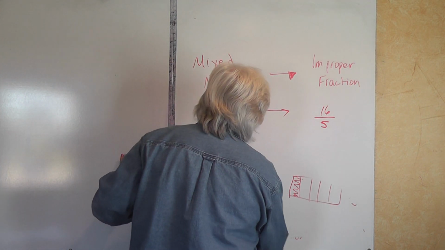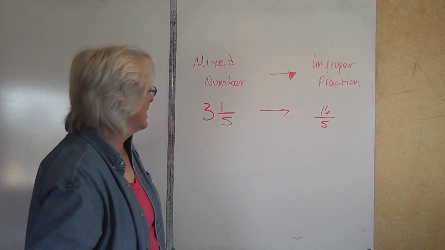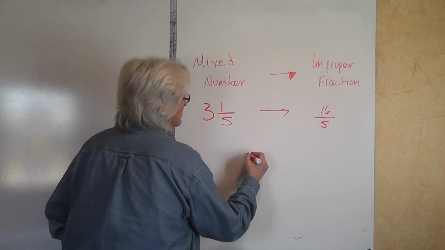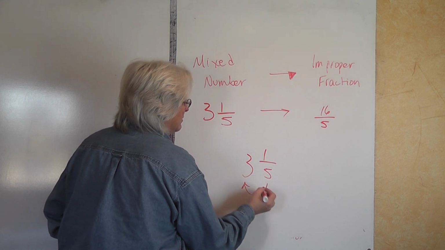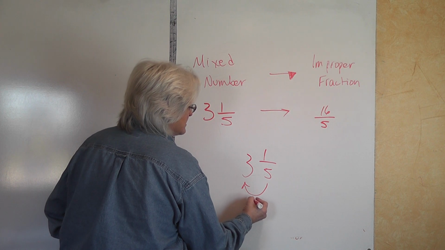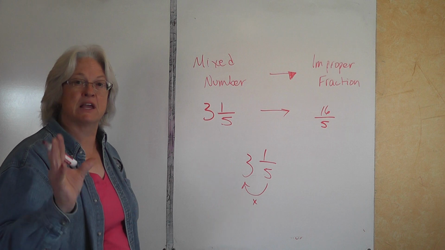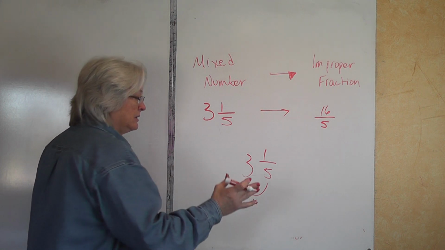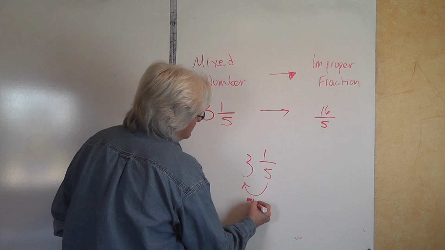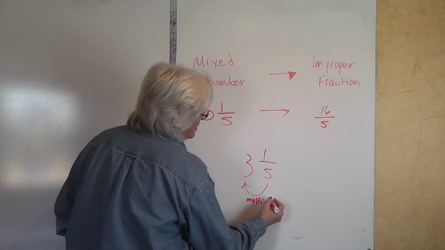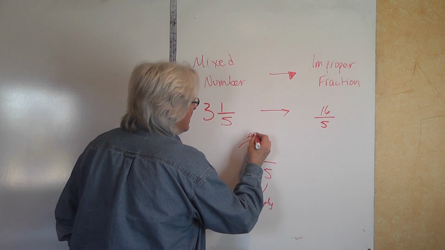Easy way to remember how to convert from a mixed number to a fraction is to just draw yourself a picture. 3 1/5. We do an arrow here, and we're just going to say x for multiply. And I know I say don't use x for multiply, but I think you'd lose a dot. So maybe you'd want to say multiply out. Multiply, and then add.